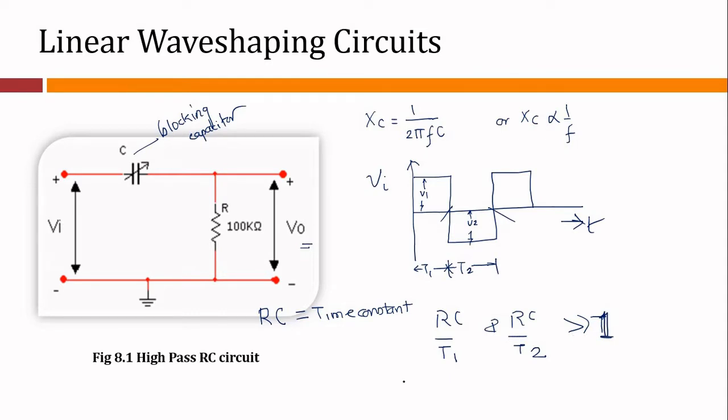On the other hand, if RC by T1 and RC by T2 are very small as compared to unity, then the output will consist of alternate positive and negative peaks, whereas here we are going to get a waveform similar to the input waveform.